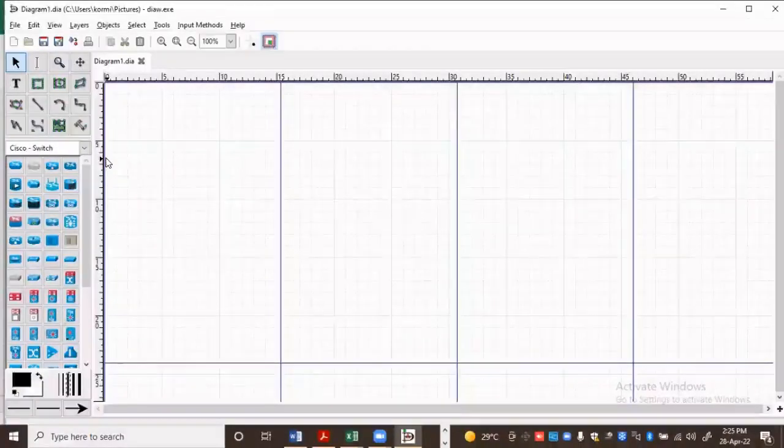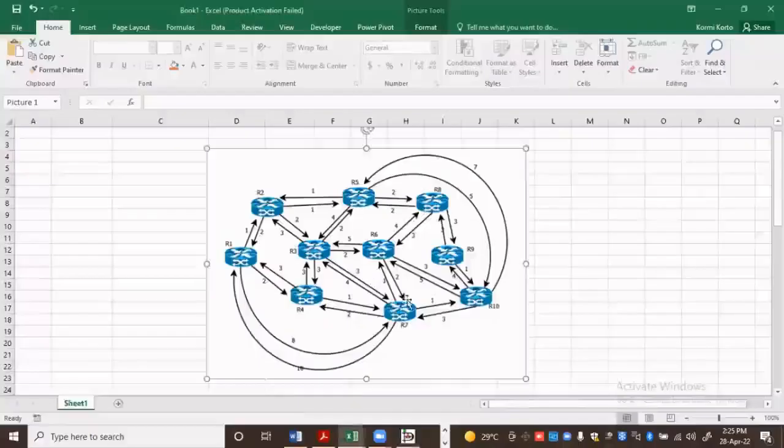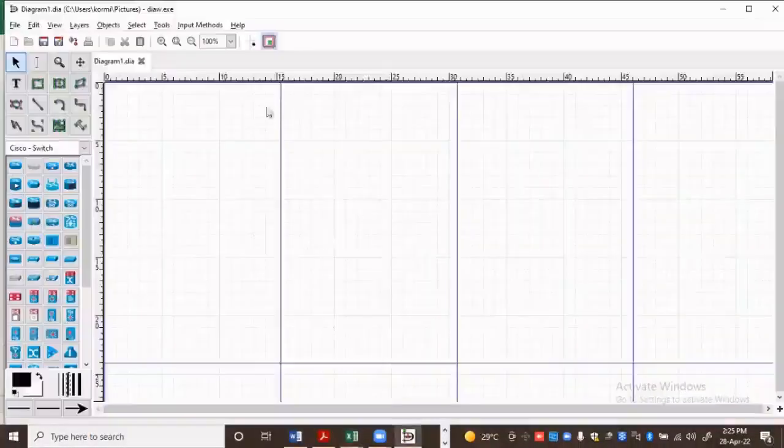So this diagram was created on this platform, and it has the basic menus you'd come across in any application, from File all the way to Help.